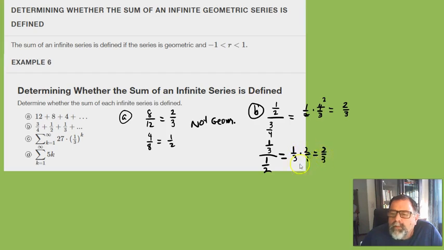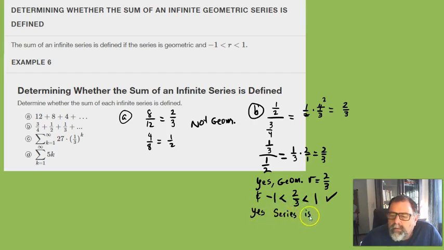So yes, that one's geometric. r is equal to 2/3, which is between -1 and 1. So yes, the series is defined. You can add it up and get a sum, which we're going to go over in a minute.